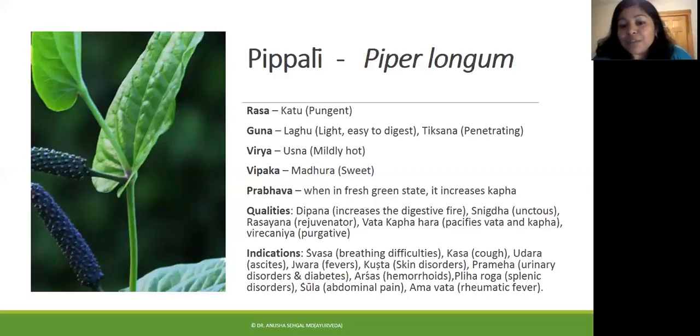We can understand the elemental composition of these particular qualities, which you know now. And if we put that together, we can figure out the actual elemental predominance or combination in this herb. And we also know what the elemental imbalance is in the person's body depending on what dosha predominance is there, right? If we break it down to this most basic level, then it's fairly easy for us to understand what is the most appropriate herb for this particular deficiency or disturbance.